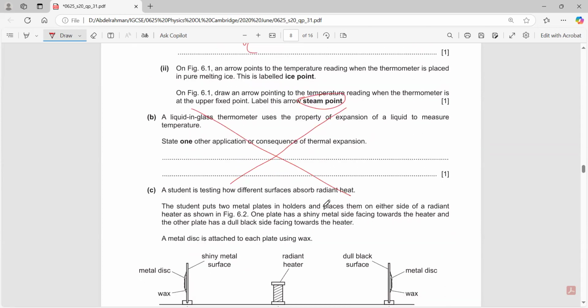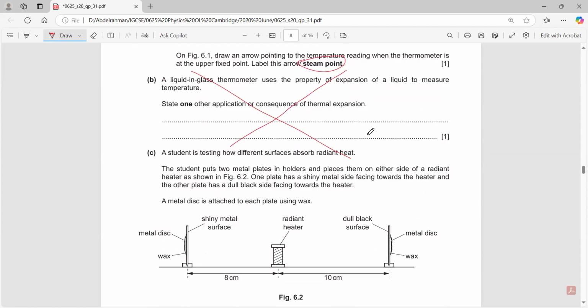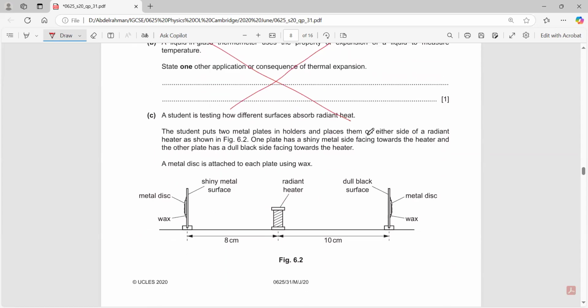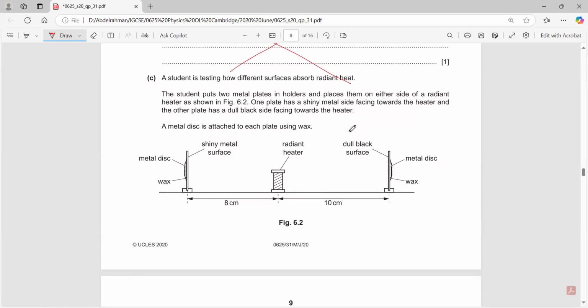Part C, a student is testing how different surfaces absorb heat. We have two metal plates on either side. One of them is shiny white and the other is dull black. A metal disc is attached to each plate using wax.